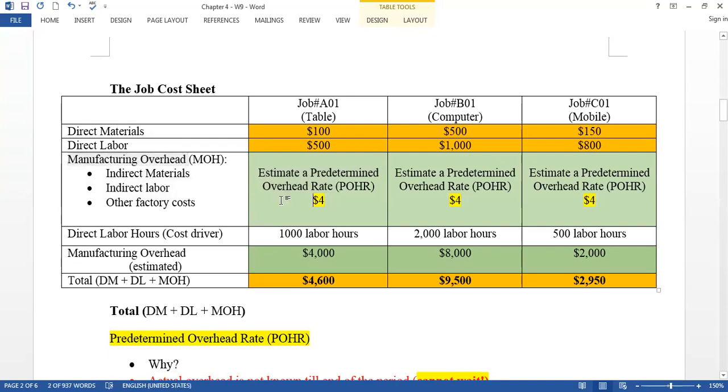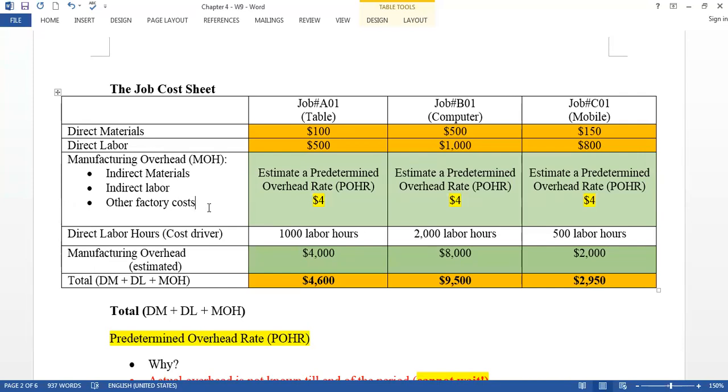The reason is, for example, factory costs like depreciation expense and utilities expense. Some factory costs, you will only get the information at the end of the year. Depreciation expense of this factory building, we calculate at the end of the year, right?